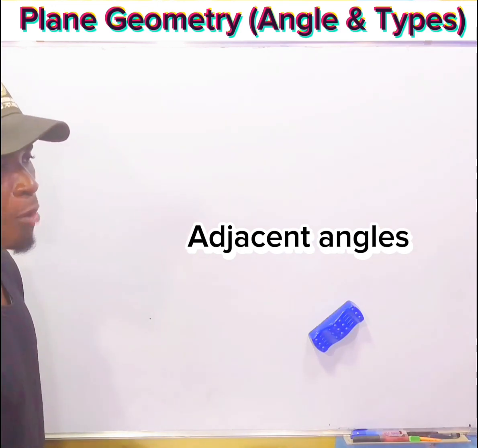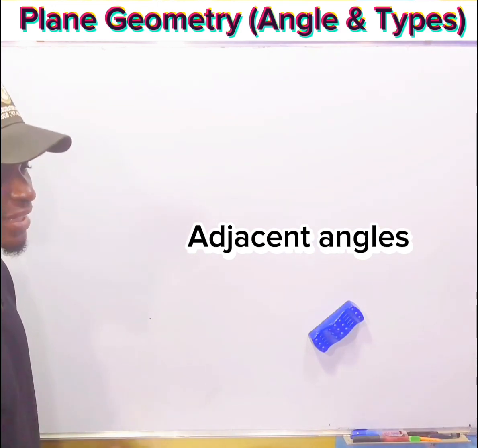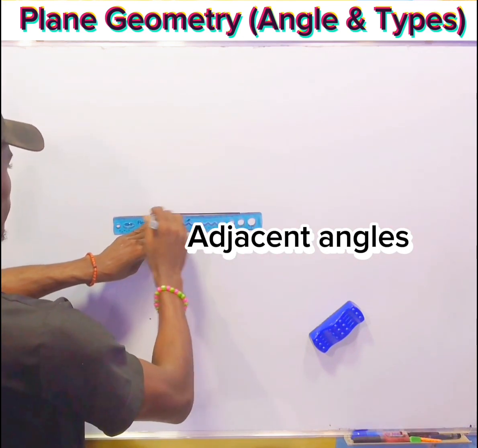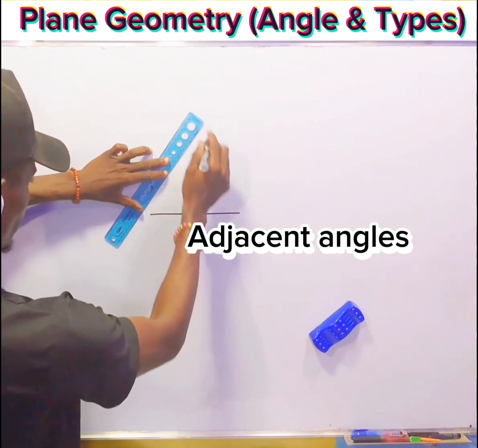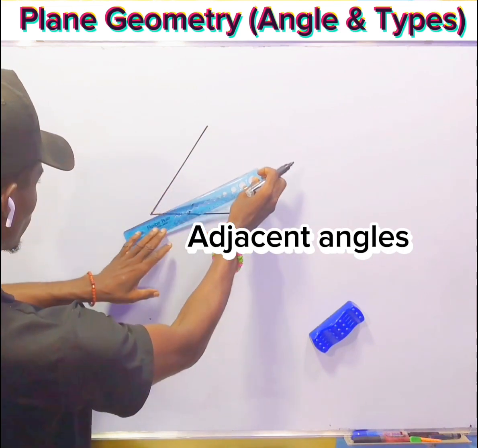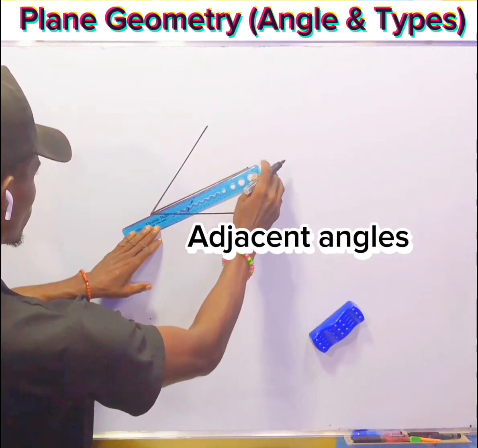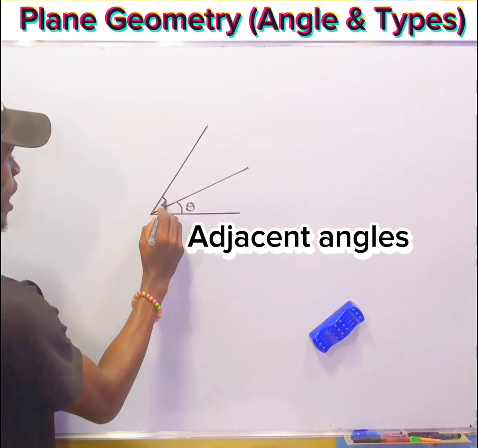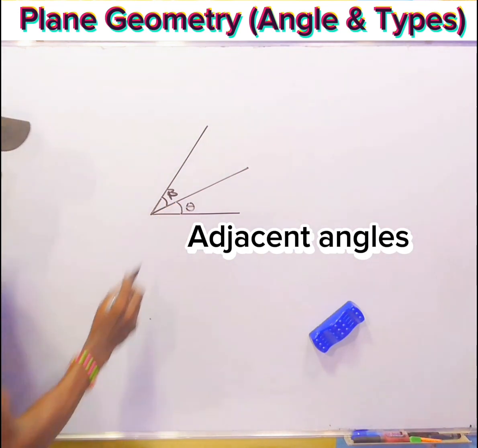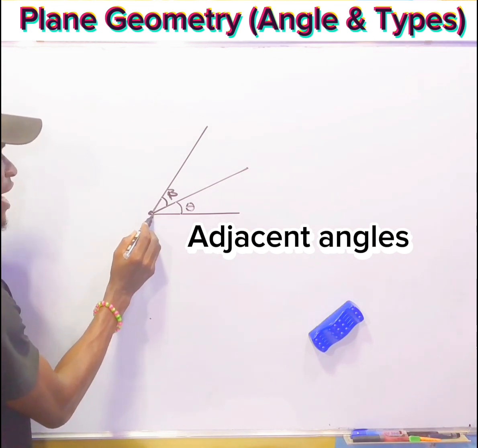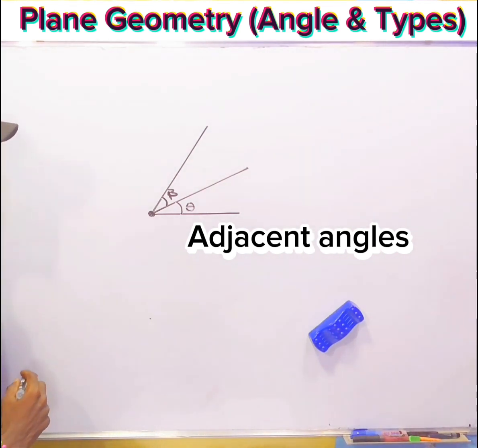When we have two or more angles that share the same base or the same vertex, for instance, assuming we have angle theta here and also angle beta here, angle theta and angle beta are adjacent angles. Why? Because they share the same vertex, so they are adjacent to each other.